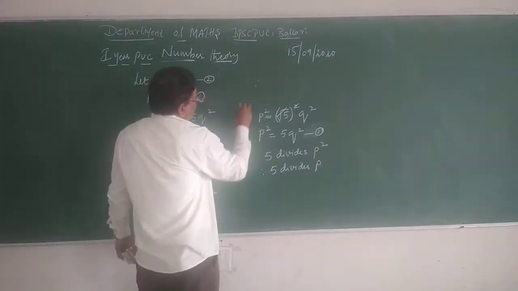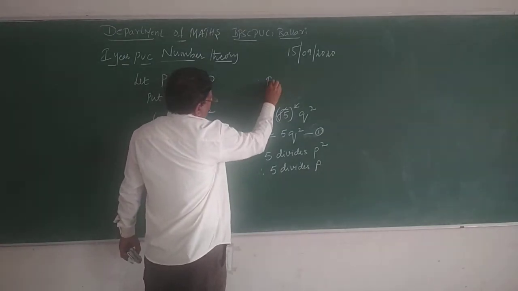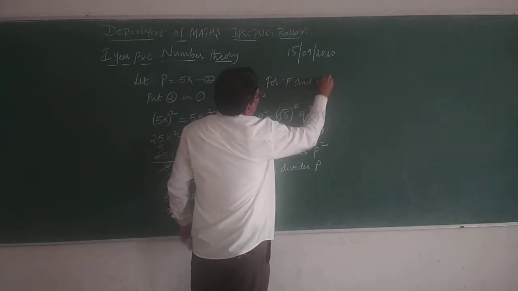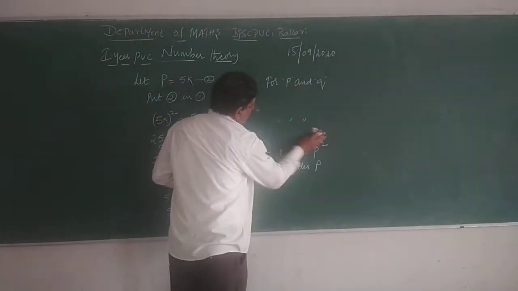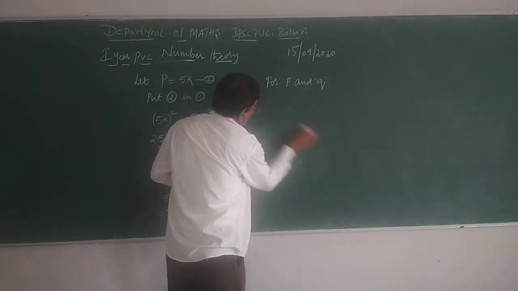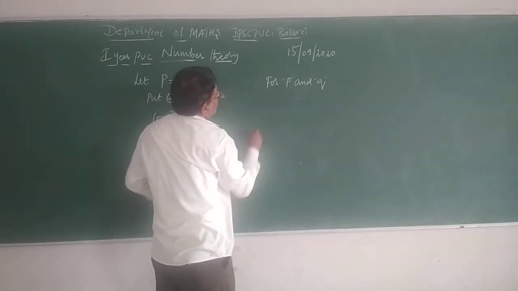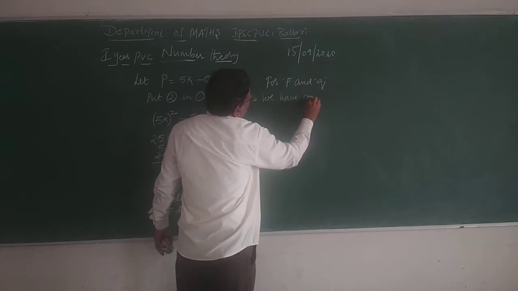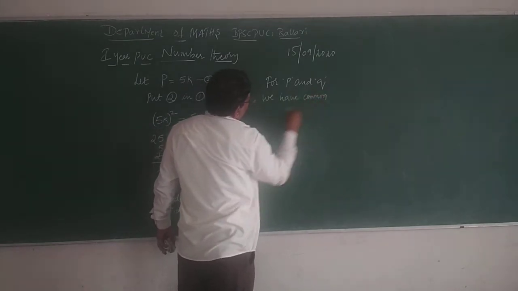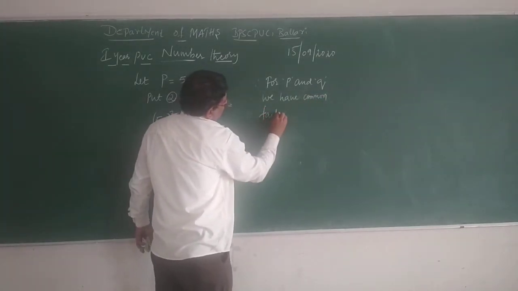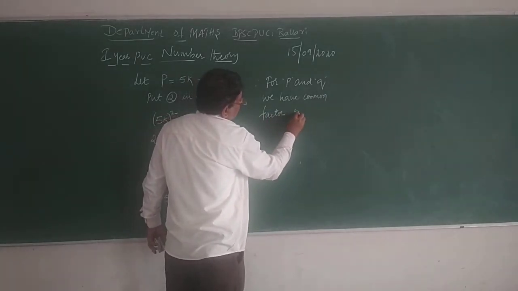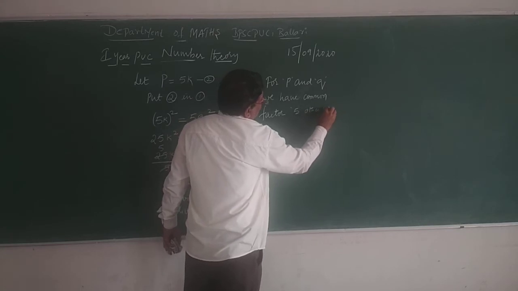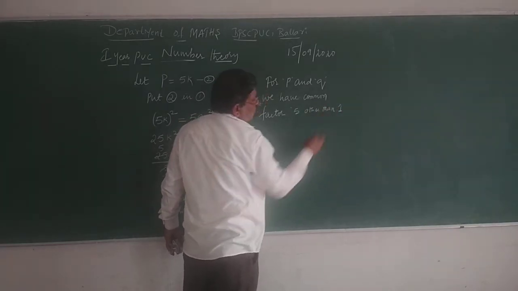So therefore, for P and Q, we have common factor 5 other than 1.